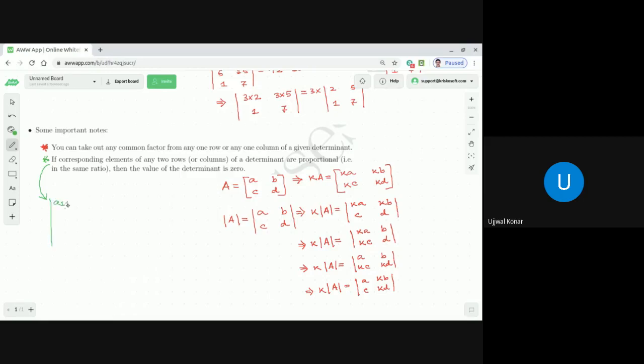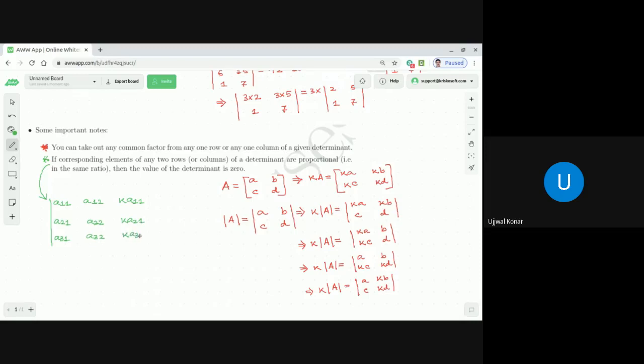So it is A11, let me write it column wise, A21, A31, then A12, A22, A32, and here I am writing K into A11, K into A21, and K into A31.